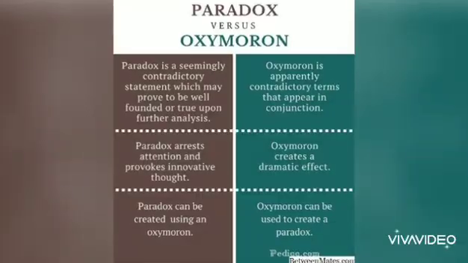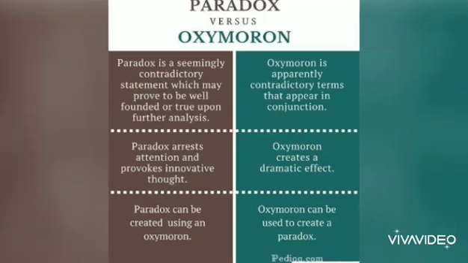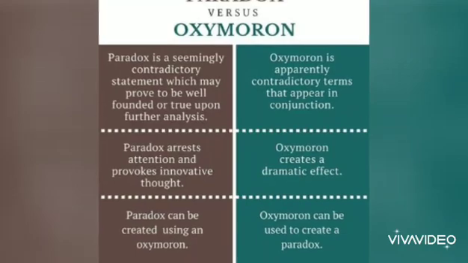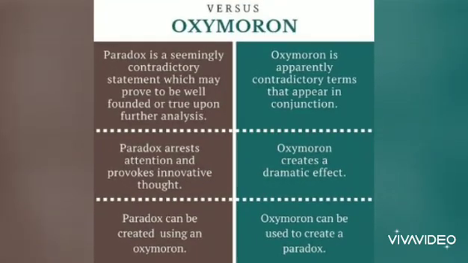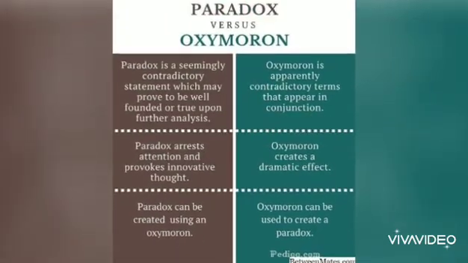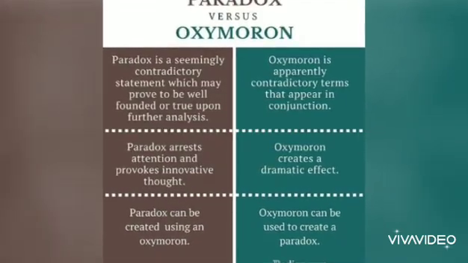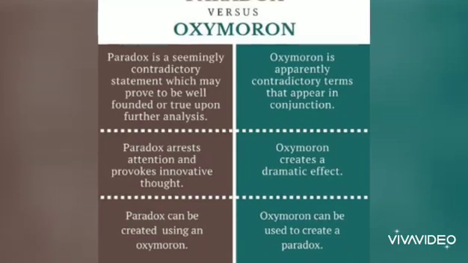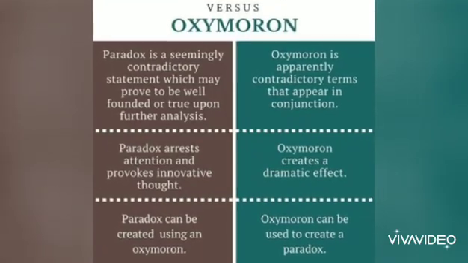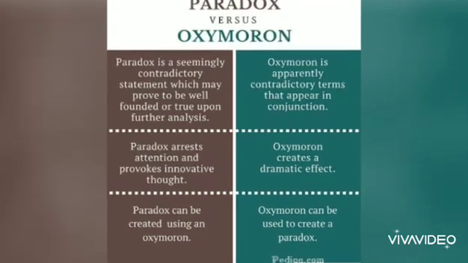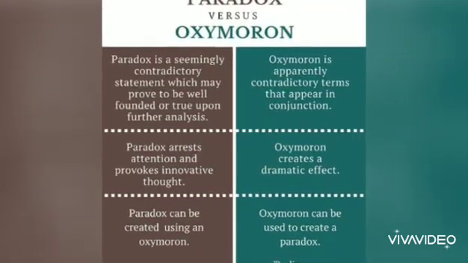Now, here's a little difference between paradox and oxymoron, and I'm going to explain them. Paradox is a seemingly contradictory statement which may prove to be well-founded or true upon further analysis. It also arrests attention and provokes innovative thoughts, and can also be created using an oxymoron.